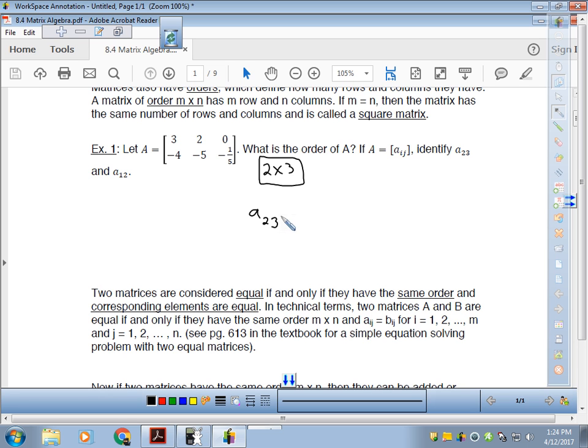So A sub 2, 3 means we're going to the second row and third column. So second row, third column is negative 1/5. A sub 1, 2 means I go to the first row, second column. So first row, second column is 2. Okay. So it's pretty easy to say the order, the size of the matrix, and find elements in it.